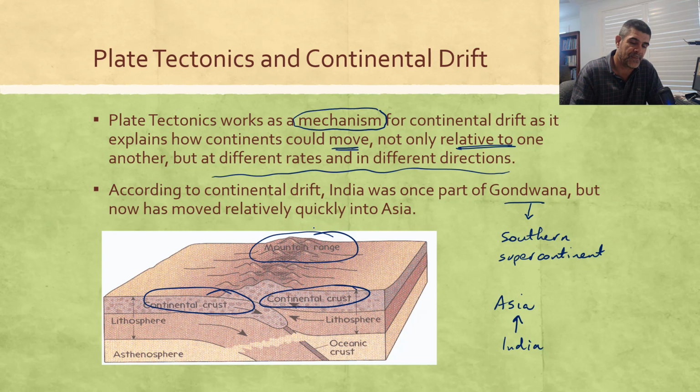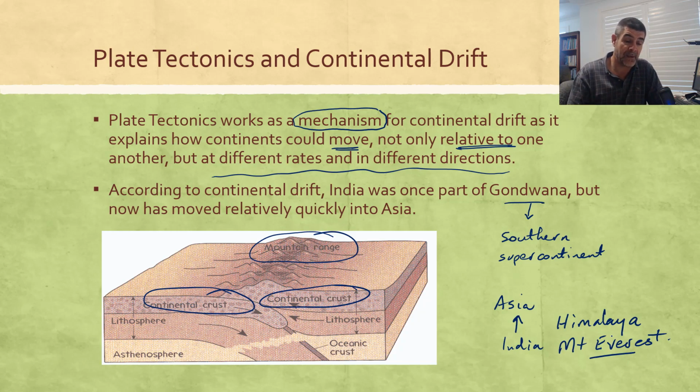What this has done is build the beautiful and incredibly high Himalayan mountain range. And of course that includes Mount Everest, K2, some of the tallest mountains on planet Earth.